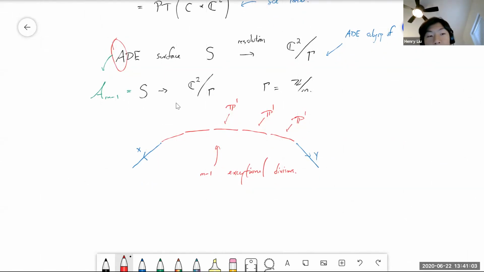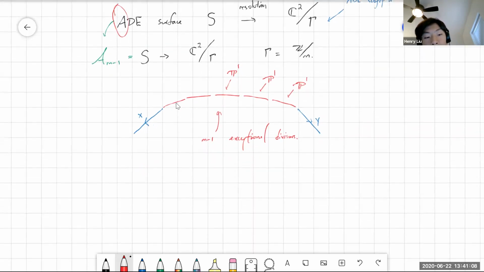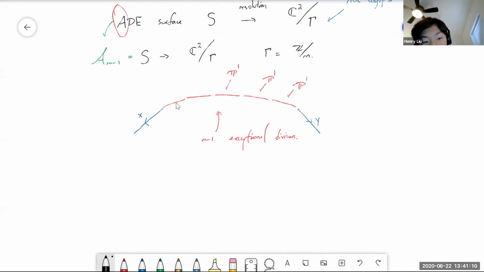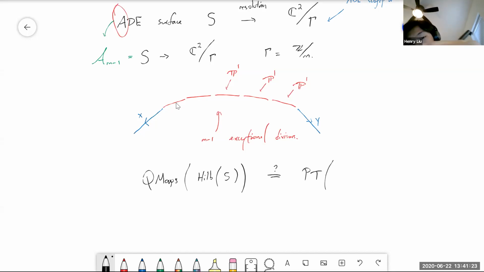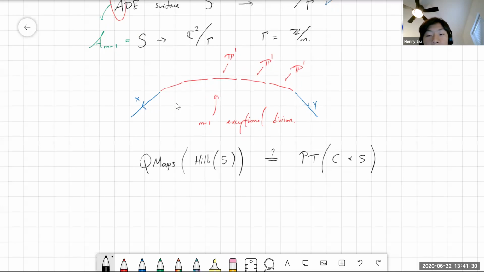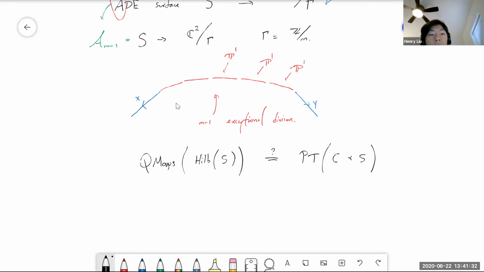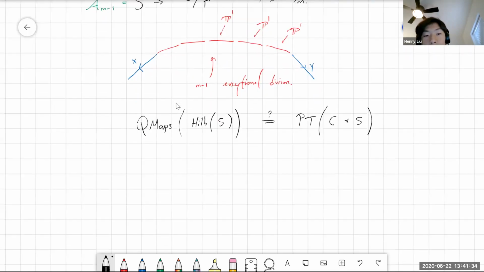We can try to repeat the same story, except with quasimaps to the Hilbert scheme of an ADE surface S. You can ask, is this equal to PT theory on your curve C times S, which is what your naive first guess would be if you were working off the Hilbert scheme of C2 case.